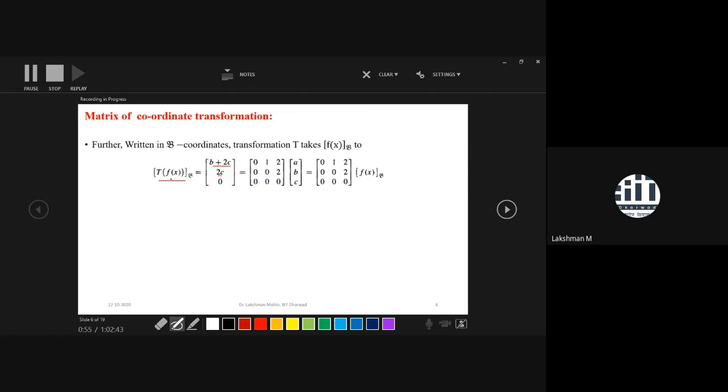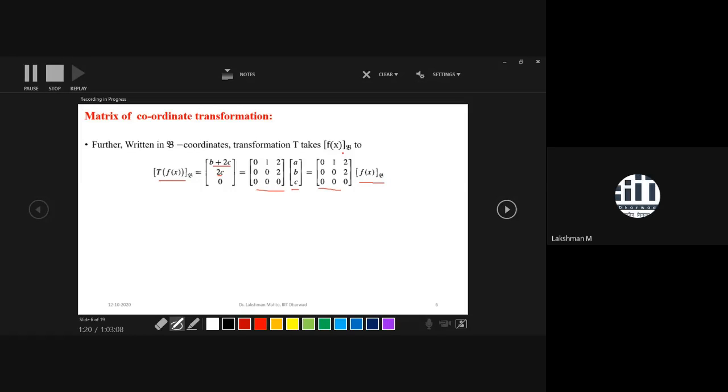So you have written the coordinate of the image as this matrix times the coordinate of the pre-image. That means the coordinate of the image is written as this matrix times the coordinate of the polynomial f(x). So that is the relation.